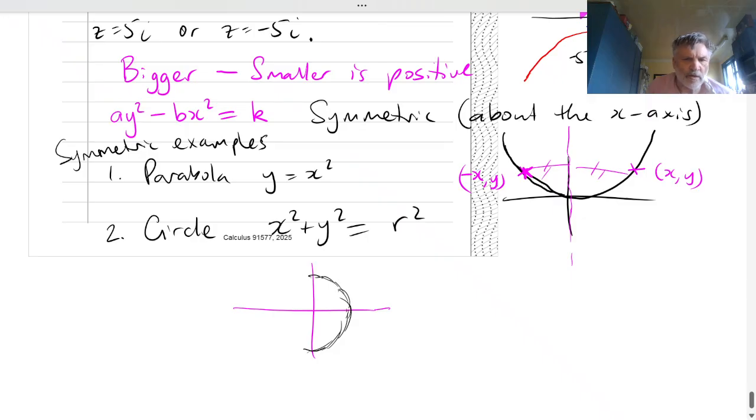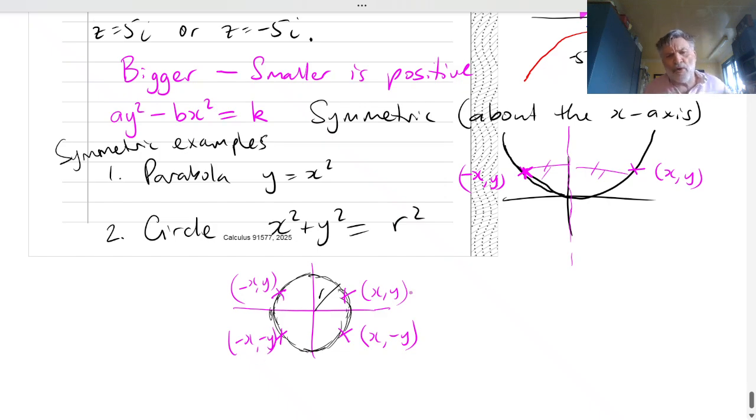Let's try and get something that looks roughly like a circle. We get a circle around here. The radius is r, but the crucial thing is if we've got the point x, y that satisfies that, we will also have negative x, y that satisfies it. We'll also have symmetry down this way, x, negative y, that satisfies it, and we'll have symmetry over this way, negative x, negative y, satisfied.